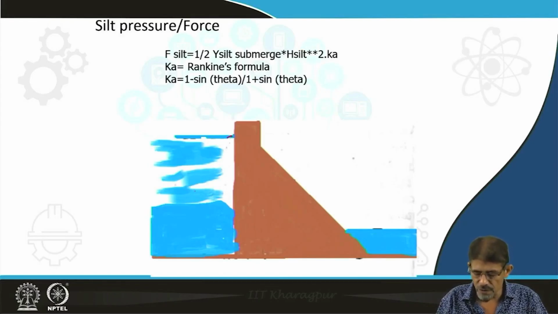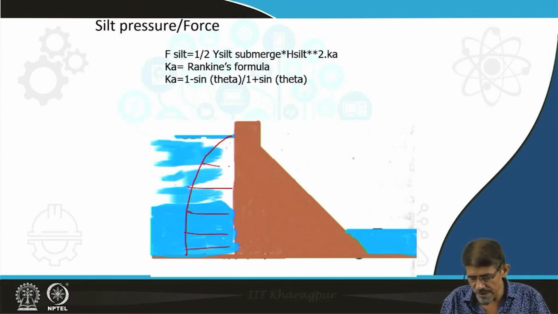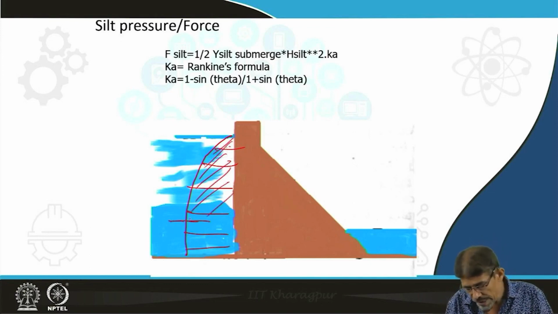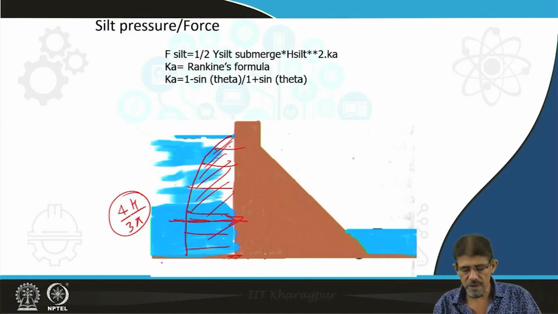The dynamic force is no more triangular. This diagram I try to utilize. It is parabolic in nature, and you can calculate this area, and the resultant force of this parabola acts toward the downstream at 4H by 3 pi. At this distance from the heel, the resultant hydrodynamic force is acting.